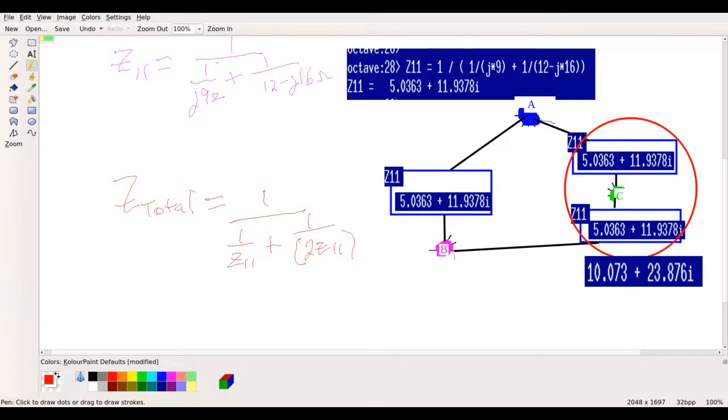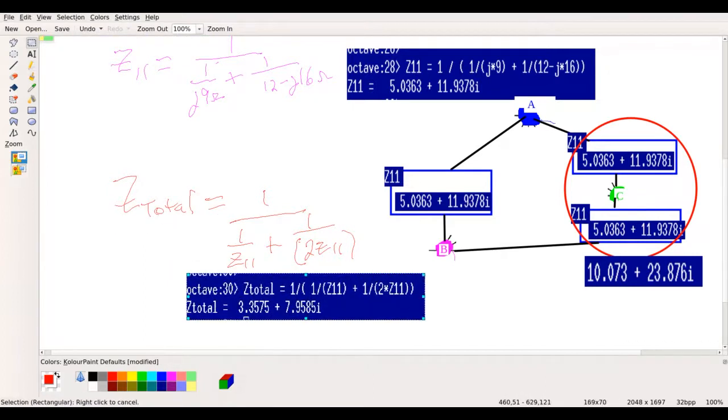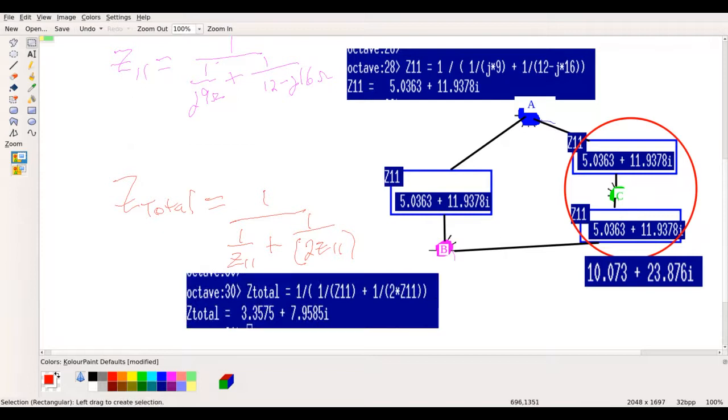And we'll calculate that. Okay. And so that gives me a total impedance for this circuit as being the... Notice the parentheses here.